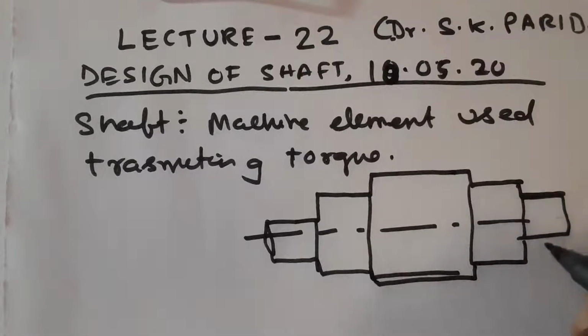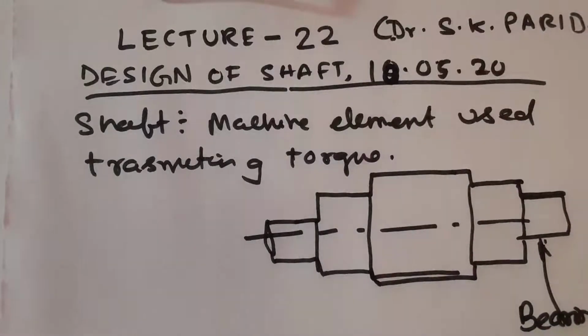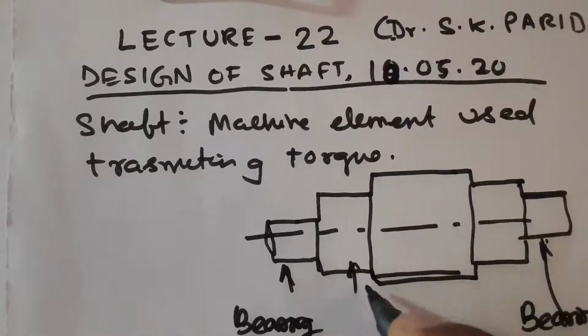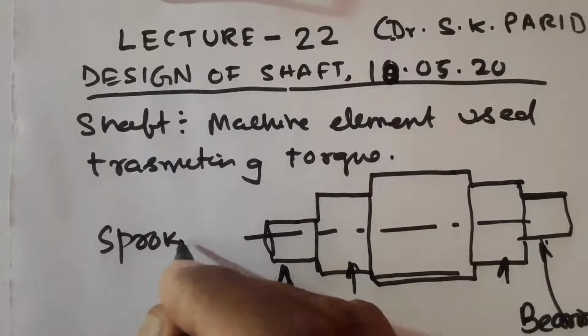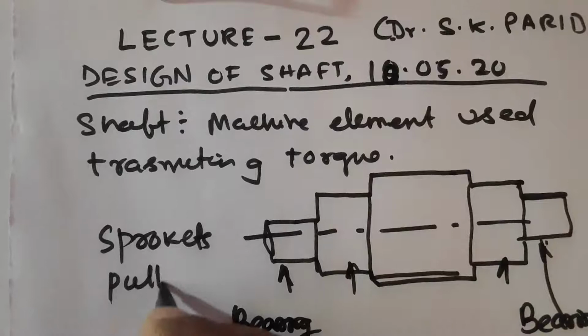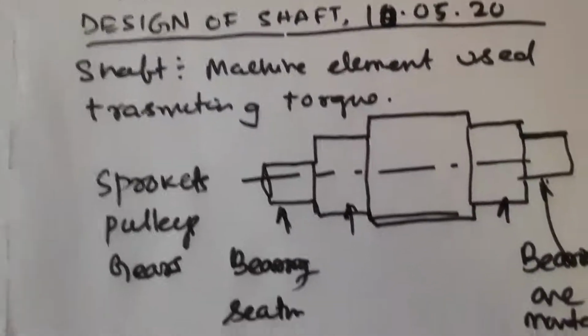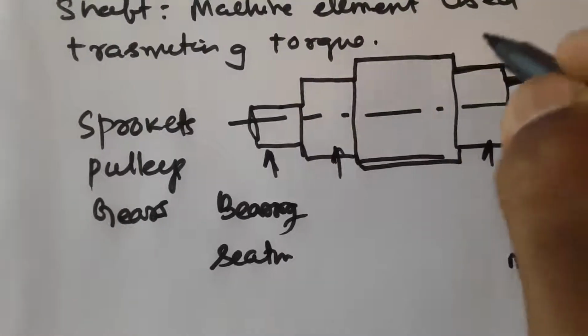These are the ends where the bearings are mounted. This is the bearing seating. And these are the places where you can put sprockets, pulleys. You can put gears as well. So this is having shoulders. These are steps in diameter.